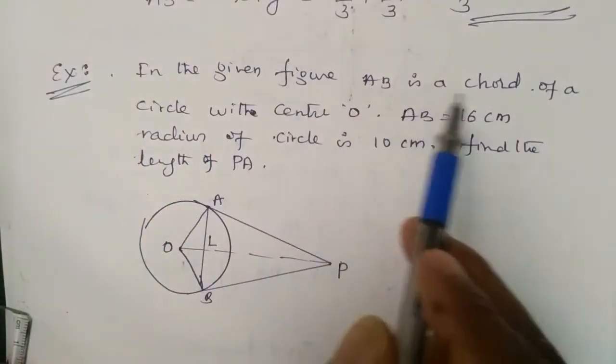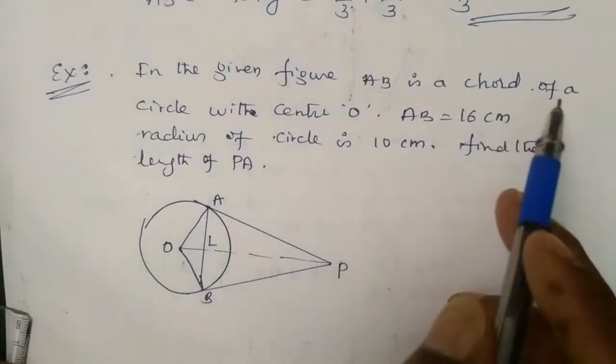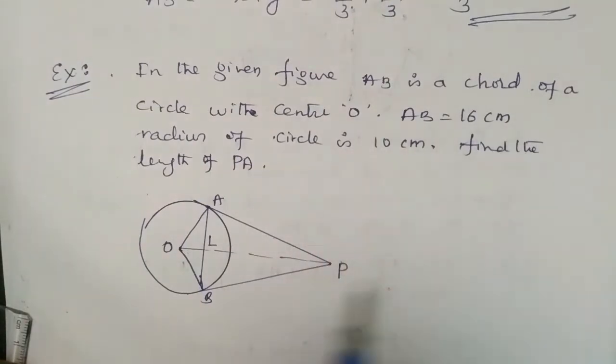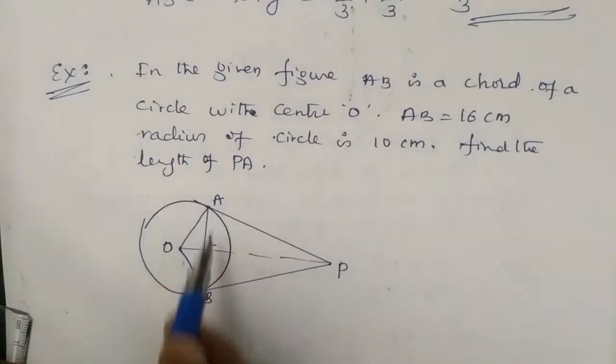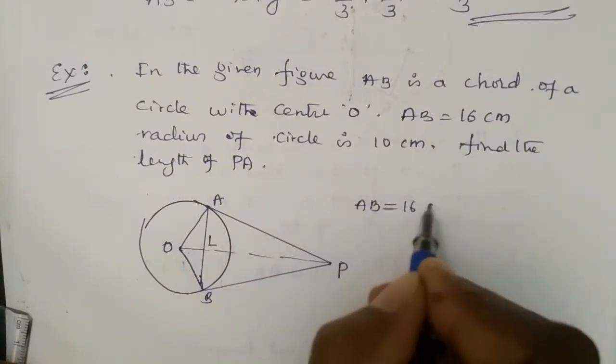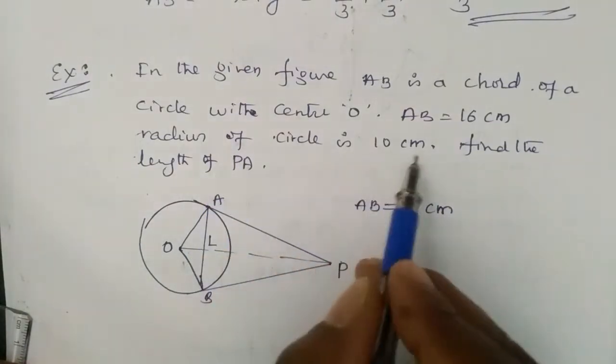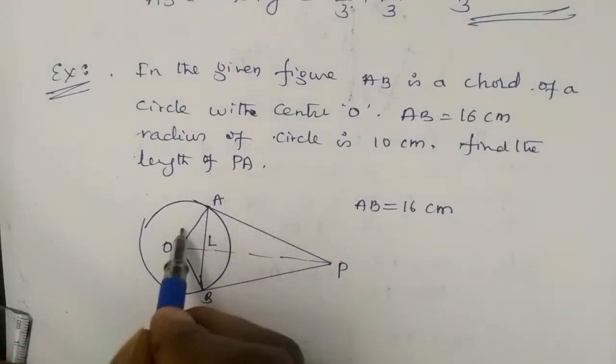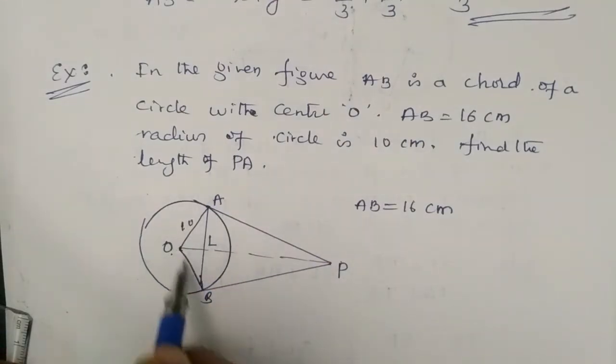In the given figure, AB is a chord of a circle with center O. AB is 16 centimeter. This AB whole is there, no? That is the chord length. Radius of the circle is 10. Here OA is a radius, no? We mark here 10. This is also a radius.